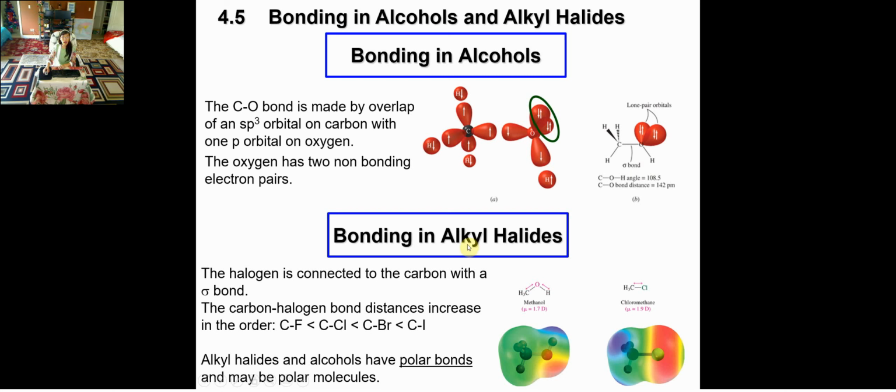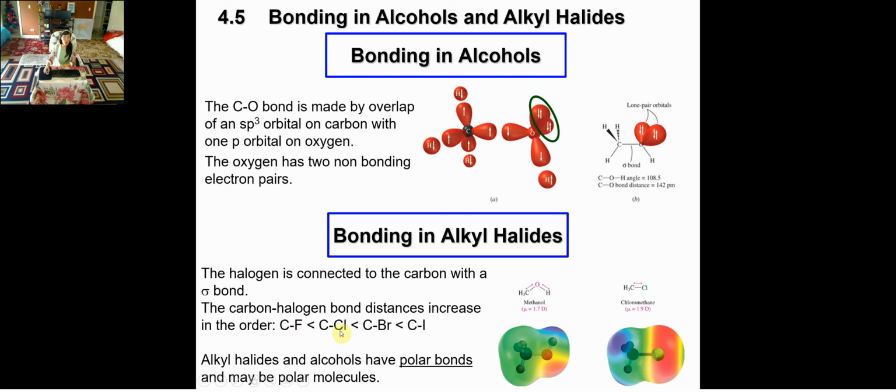In alkyl halides, the bonding between halogens and carbons also forms through a sigma bond. So the carbon sp3 orbital overlaps with the halogen p orbitals. Carbon-halogen bonds have different distances. The larger the atomic size is, the longer the carbon-halogen bond will be.